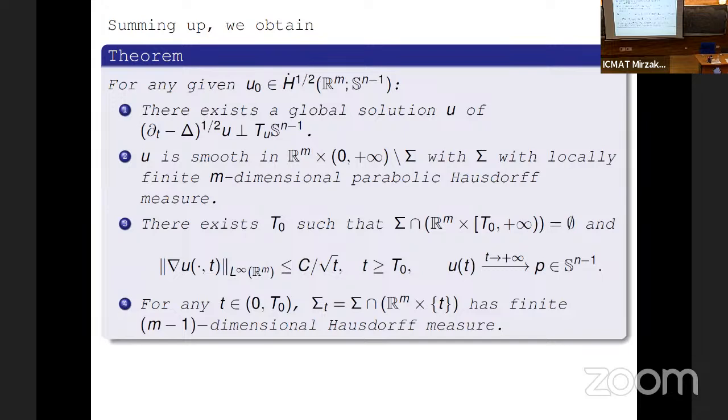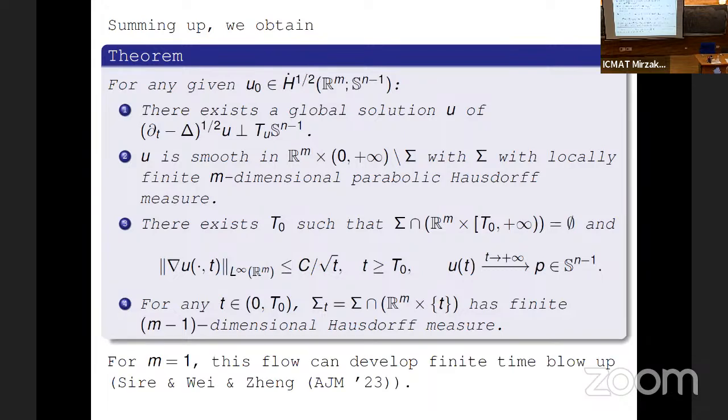Let me say also that there have been a lot of talks dealing with blow-ups. If you take m equal to 1, so you are looking at the one-dimensional flow, which means it's R^2 in the extended variables, there are initial conditions for which this flow can develop a finite time blow-up.